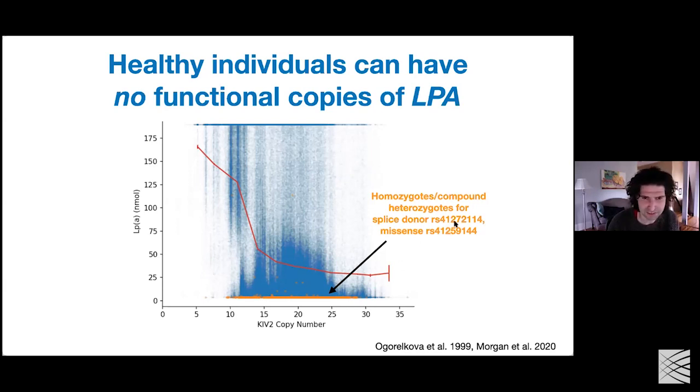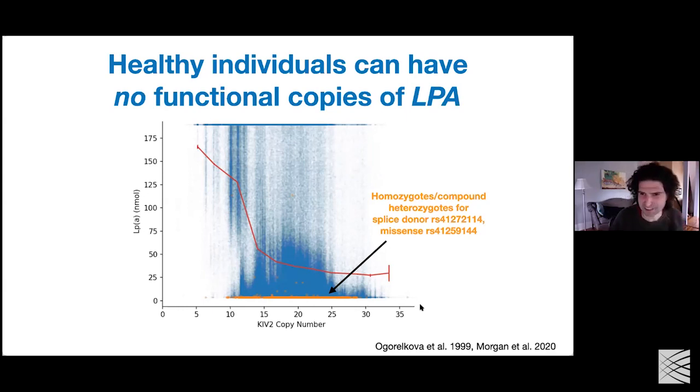One is a canonical splice donor identified by Kraft et al. in the 1990s. The other is a missense variant discovered last year. The homozygotes and compound heterozygotes are highlighted in orange, and you see that for 90% of the homozygotes and compound heterozygotes, the lipoprotein A concentration measurement was below 3.7 nanomoles per liter, the minimum reported value in the UK Biobank.